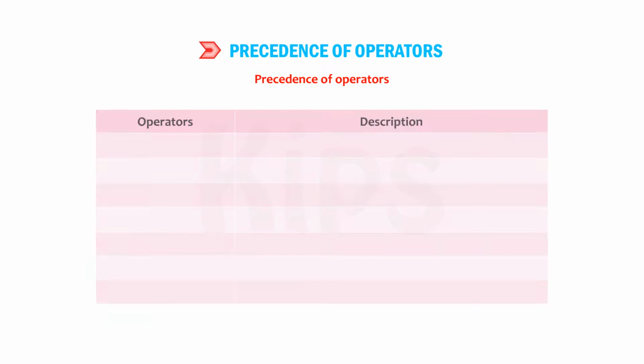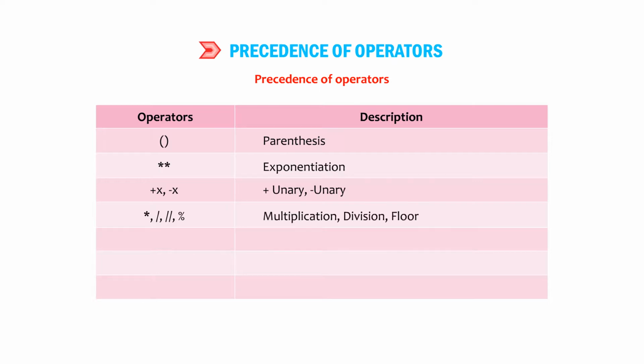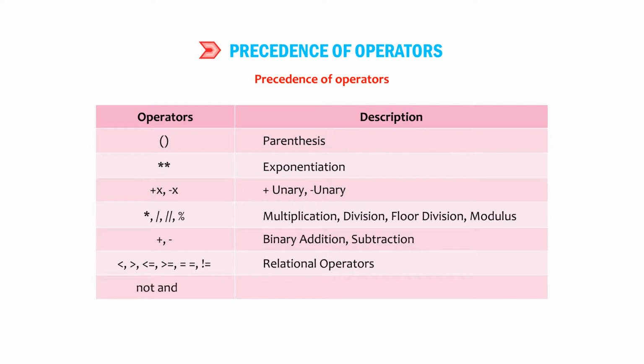Precedence of operators. Operators and description: brackets, parenthesis; exponentiation; plus x, minus x, unary plus, unary minus; multiplication, division, floor division, modulus; binary addition, subtraction; smaller than, greater than, equal to, not equal to, relational operators; not, and, or, Boolean or logical operators.